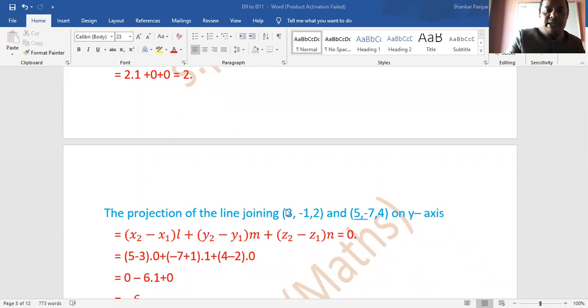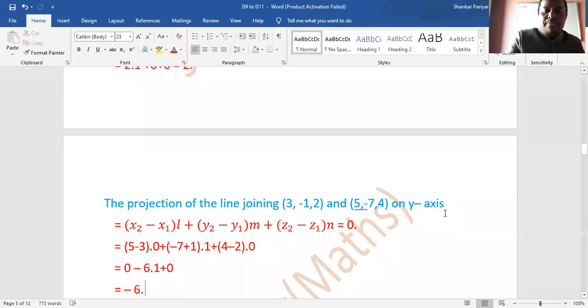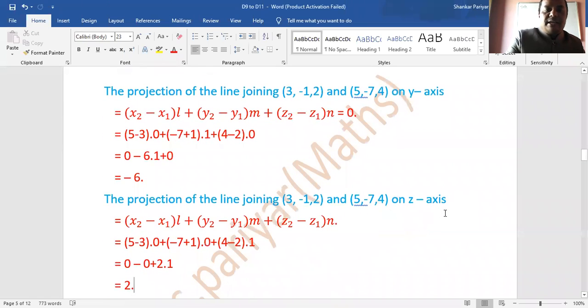Now, coordinate axis means, Unique, you need to understand here. Unique is one example for all students I'm talking to. If you need to find the projection of the line joining two different points, one is 3, -1, 2 and another is 5, -7, 4, on the y-axis.